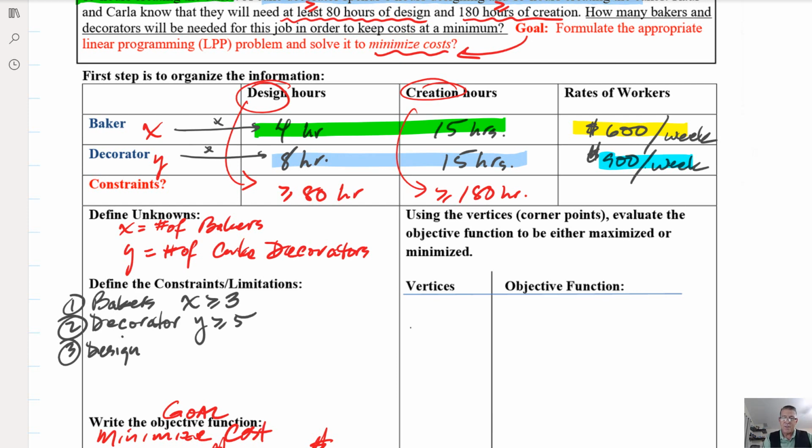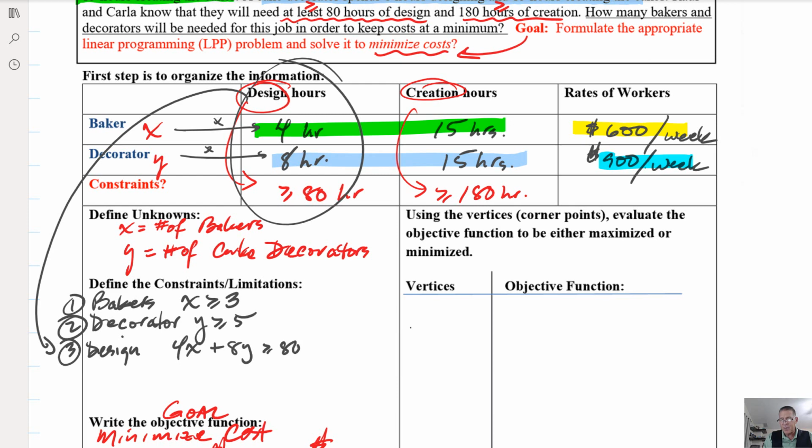So 4 hours times the number of bakers plus 8 hours times the number of decorators has got to be greater than or equal to 80. So you're going to take this information and write an inequality. 4 times x plus 8 times y has got to be greater than or equal to 80. And this is your design hours.